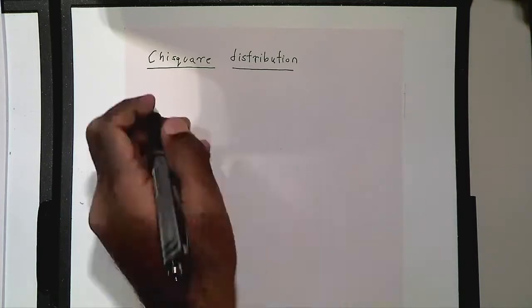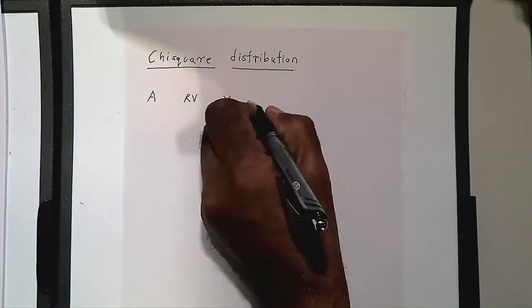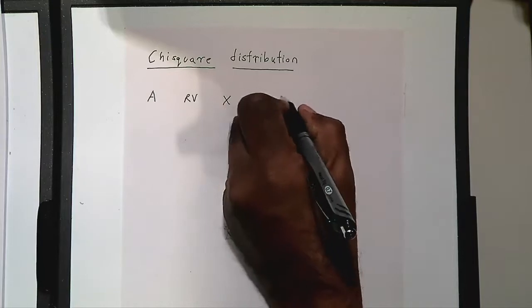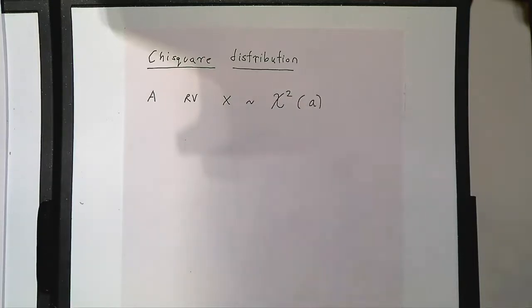I will explain in a minute why it is a sampling distribution, but before that, let me introduce some terminology. You say a random variable x has the chi-square distribution, and it's denoted by this notation, and a is a parameter, which I will introduce in a minute.